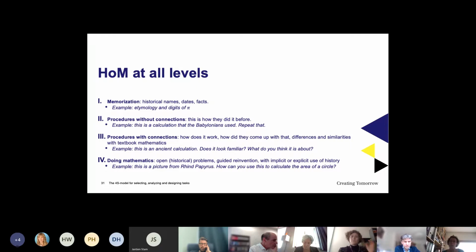So have them reinvent a piece of mathematics. So what I want to show here is that History of Mathematics can be done at different levels, and the interesting part is how we are going to get our students or our teachers to get to the higher levels.